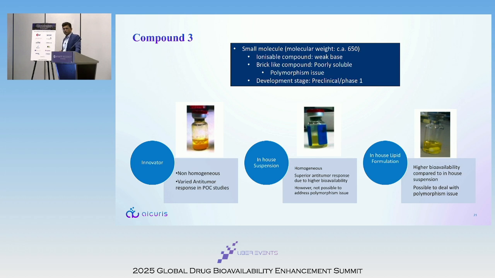Then the discussion was why we were not able to see any pharmacological activity in the given animal species, and we realized the simple suspension formulation was not homogeneous, and we were not able to deliver the drug at the desired concentration. Then we came up with a first homogeneous suspension that looked quite good, and there we saw less variability between the different animals, but again the exposure was not good enough. There was also an impact of the polymorphism, and finally we came up with the lipid-based formulation.